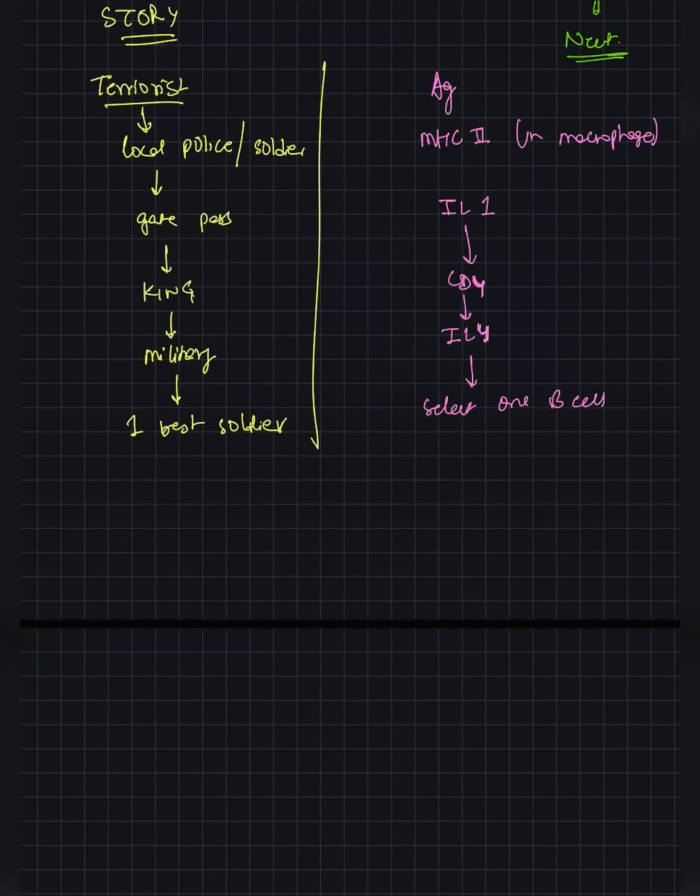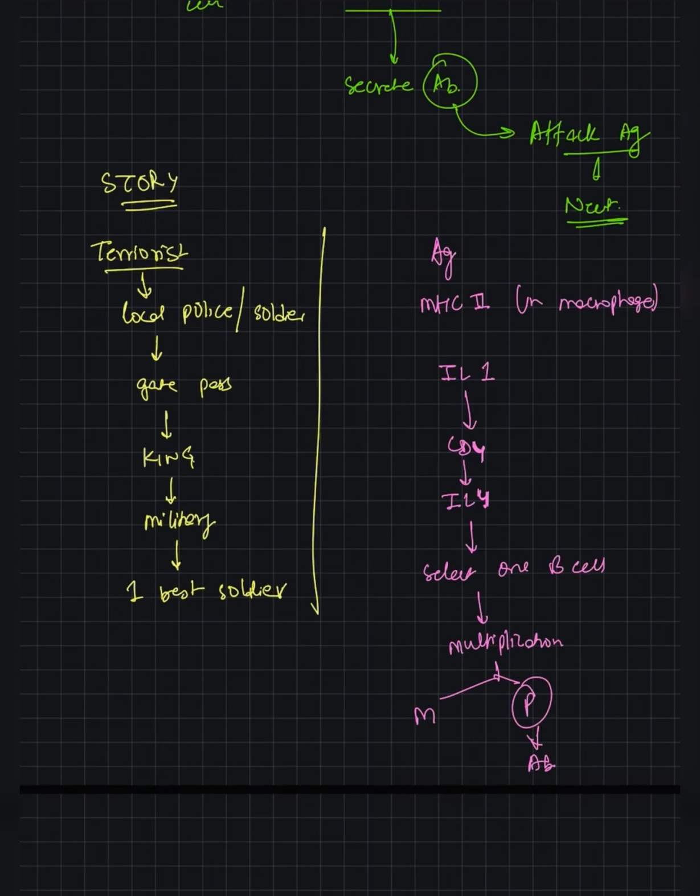This B cell undergoes multiplication, producing memory cells and plasma cells. This plasma cell produces antibody. The antigen which is carried by the MHC2 complex to CD4, this process is known as presenting of antigen to CD4.